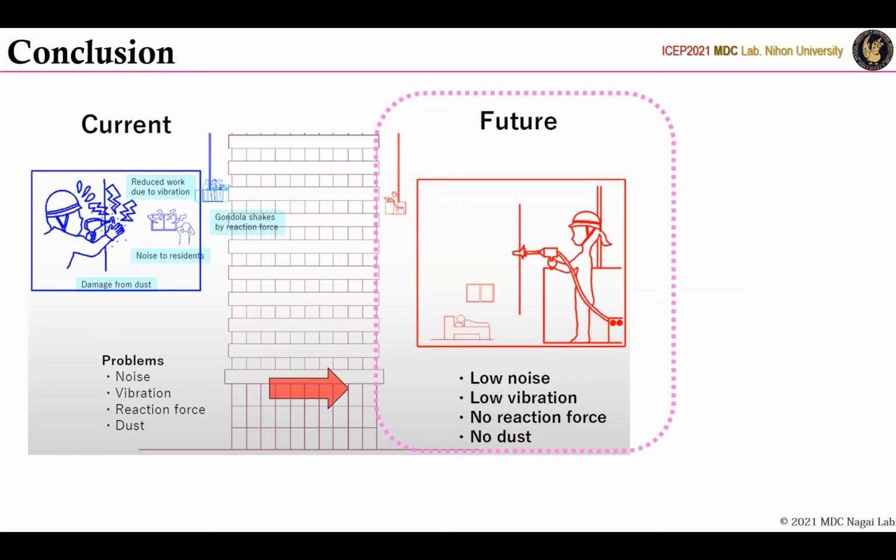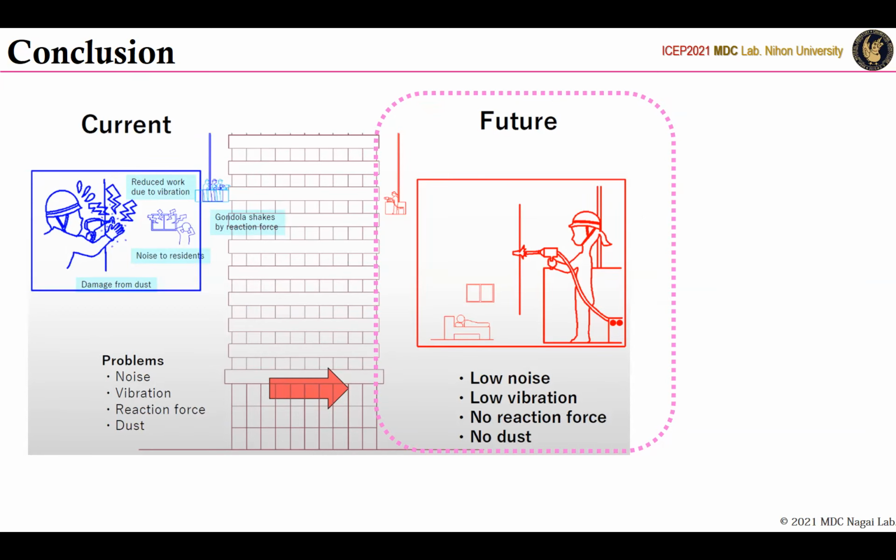And then please look at this picture again. I started this research with this image more than 10 years ago. Until now, it was not possible to carry it because the size of the laser processing machine was large.